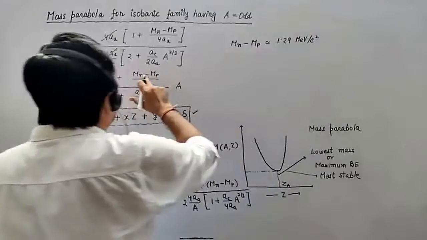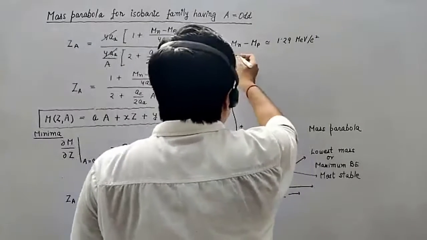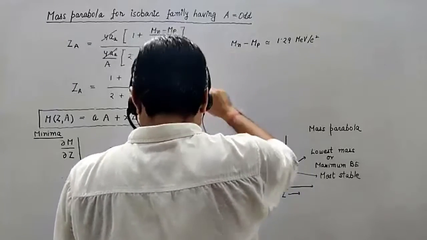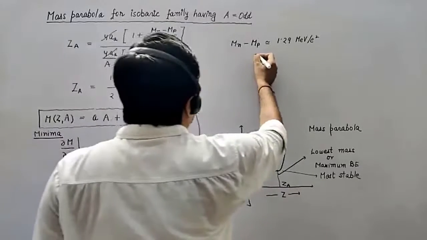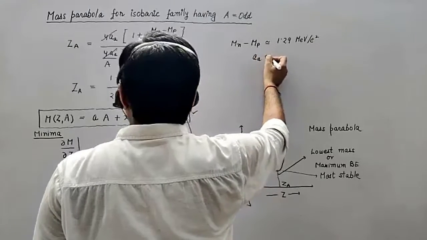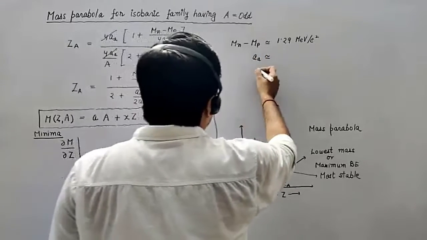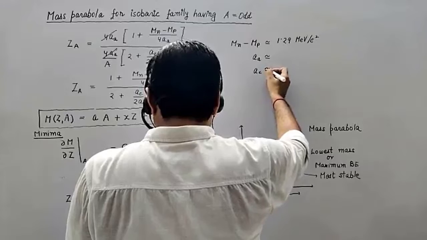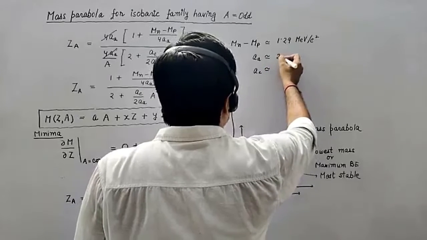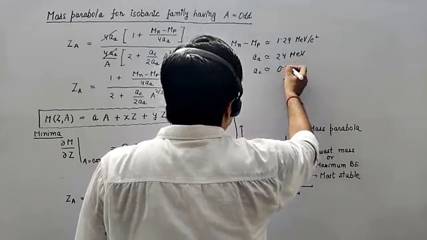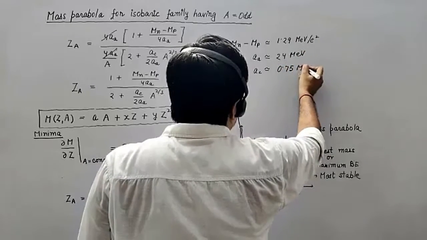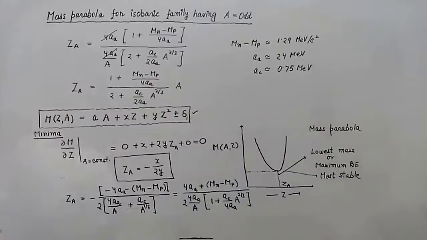And these are the other constants: AA is nearly 24 MeV, and AC is nearly 0.75 MeV. These are the approximate values of these constants.